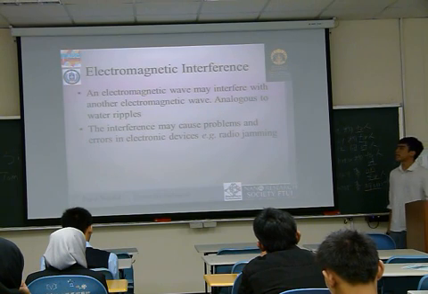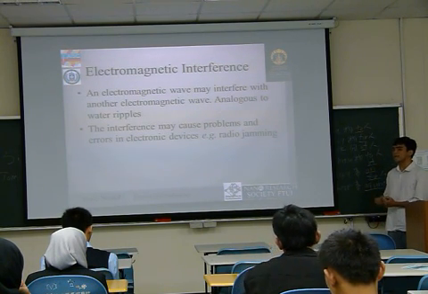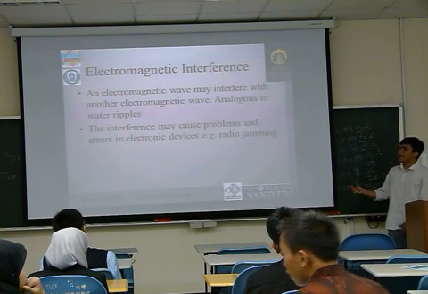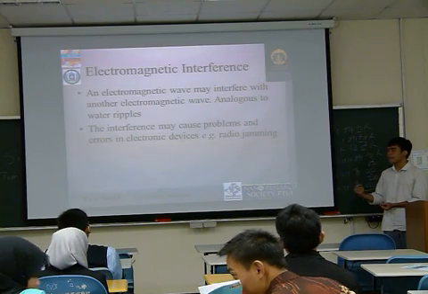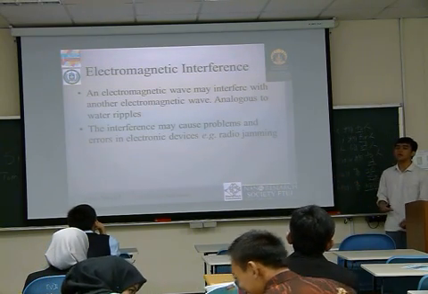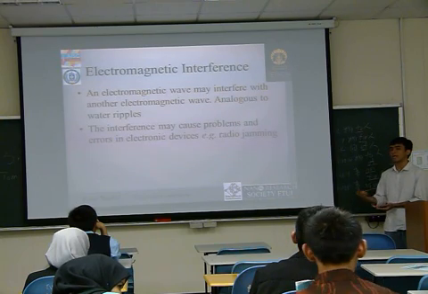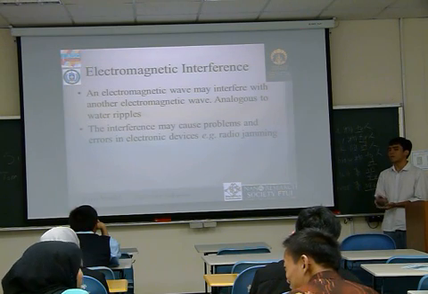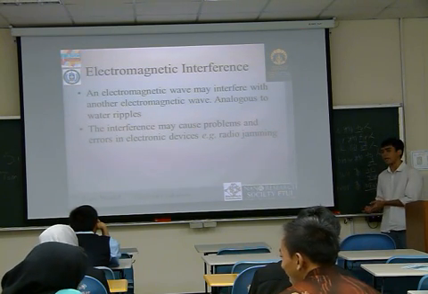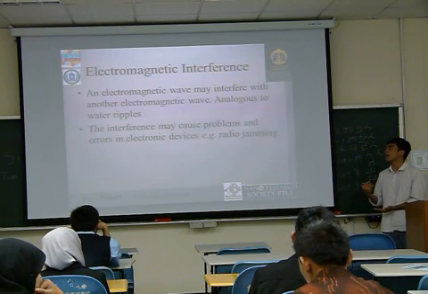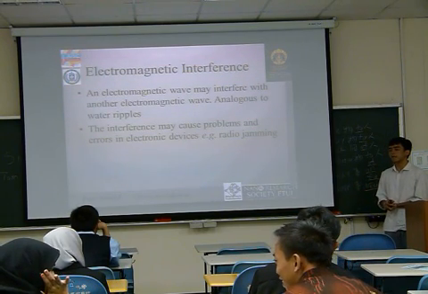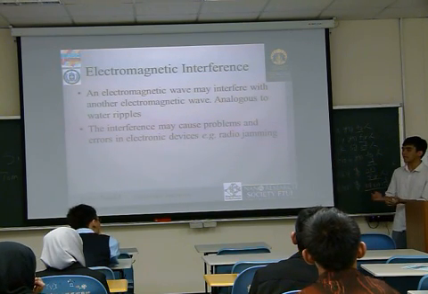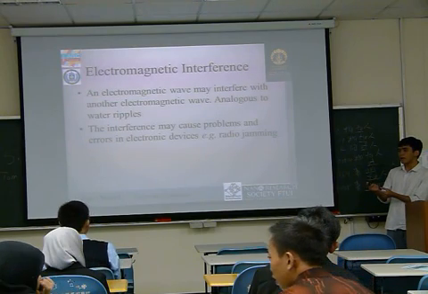As for electromagnetic interference itself, electronic devices use electromagnetic waves, and the other devices also emit and absorb electromagnetic waves. For example, when we have a radio and we decide to change the radio to frequency A, and the other devices emit electromagnetic waves at, for example, frequency B, it interferes with the electromagnetic wave that our radio emits or absorbs.